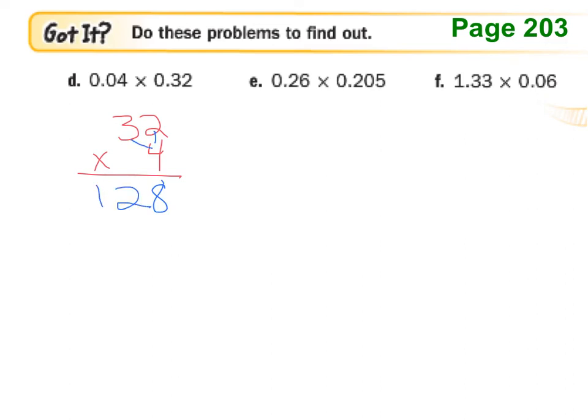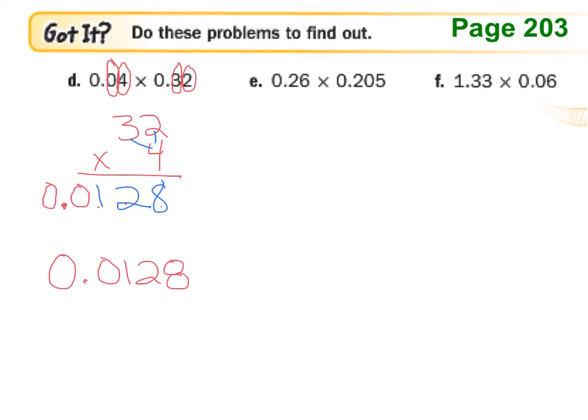And looking back at my numbers, I need 1, 2, 3, 4 decimal places, but I only have 1, 2, 3 numbers. So I'm going to annex a 0 and put it out in front and protect it with another one. So my answer is 0.0128, or 128 10,000ths.